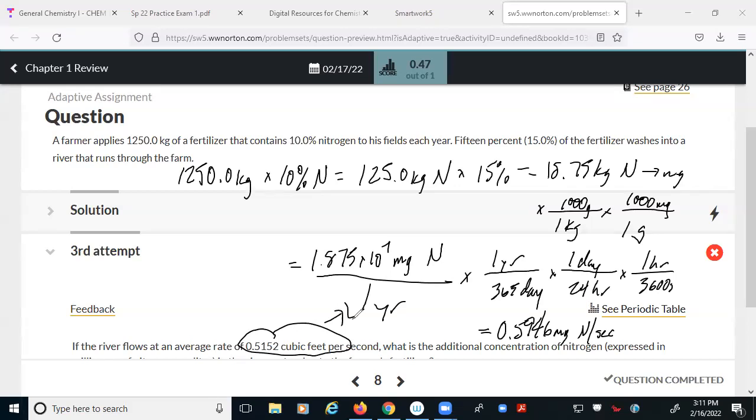The conversion we can use out of the book off page 20 says that 35.31 cubic feet are equal to 1,000 liters.